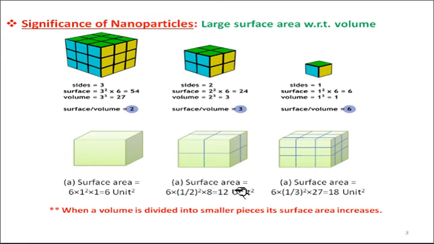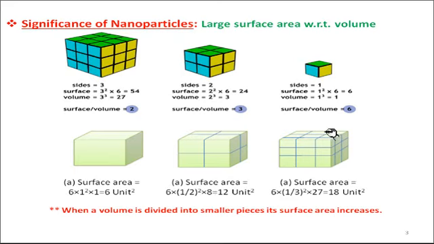Then the overall surface area is, for 1 cube, 6 into the side, which is now half of the original side, so half square. You have a total of 8 smaller cubes, so you multiply this whole term by 8, and it comes out to 12 unit square.